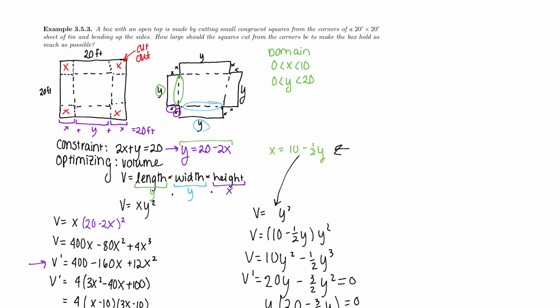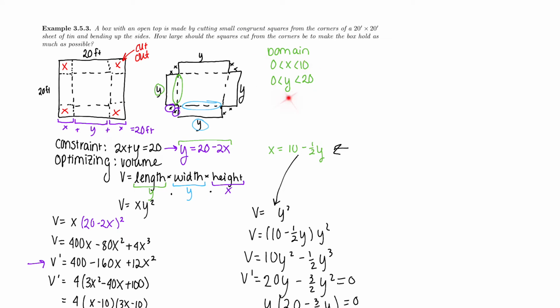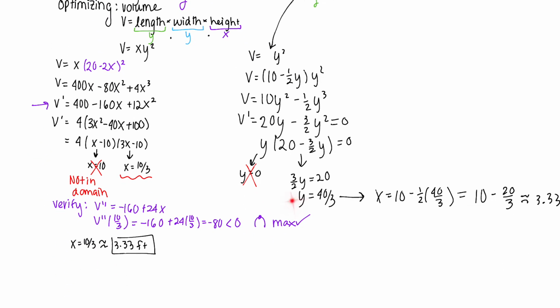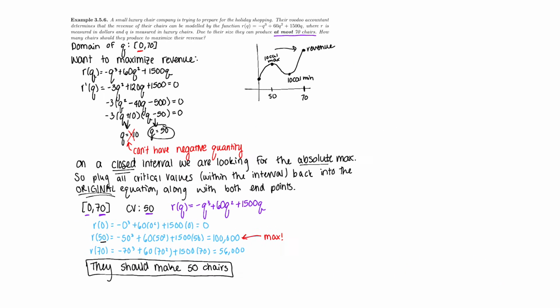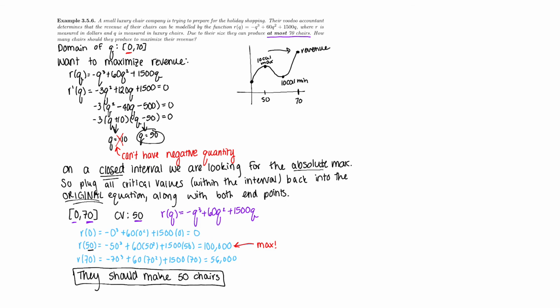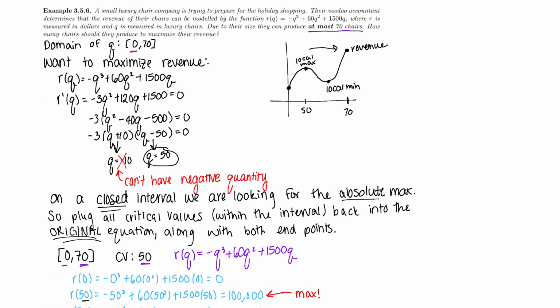On the box problem, we had open intervals because you couldn't cut out 0 inches from the corners and you couldn't cut out 10 inches from the corners. So you had open intervals here. With these open intervals, you're just looking for the critical values, then using the second derivative to double check for max or min. With a closed interval like this, which typically happens, a lot of business problems will have this, you do need to check those endpoints because it can happen at the endpoint.